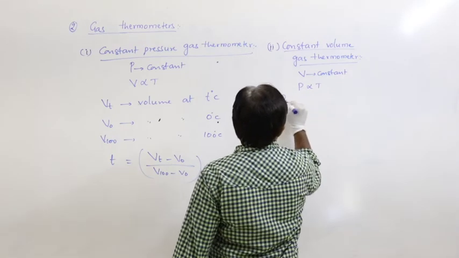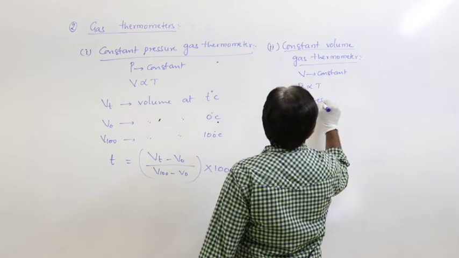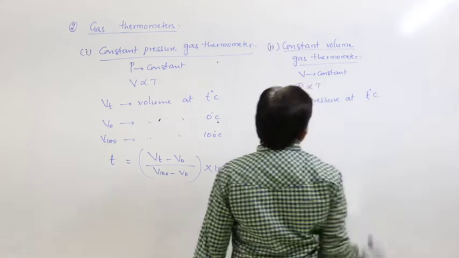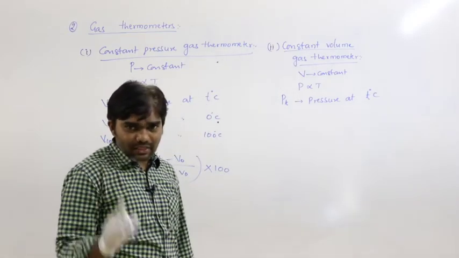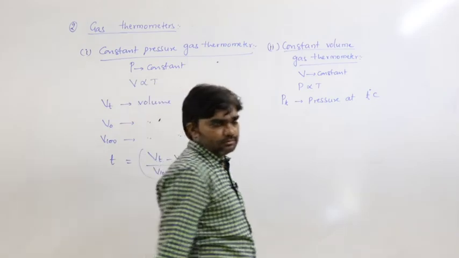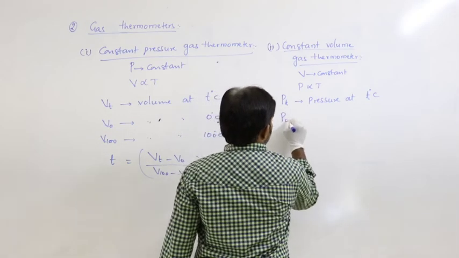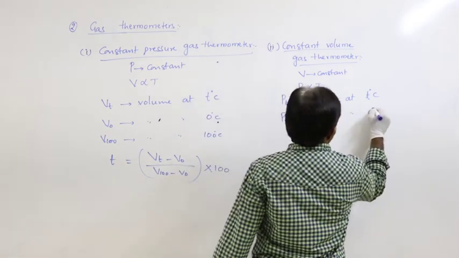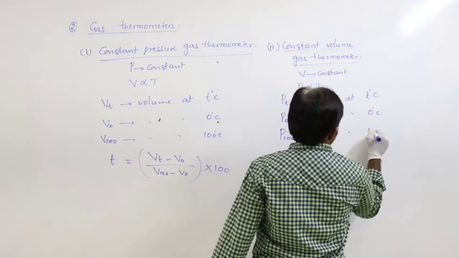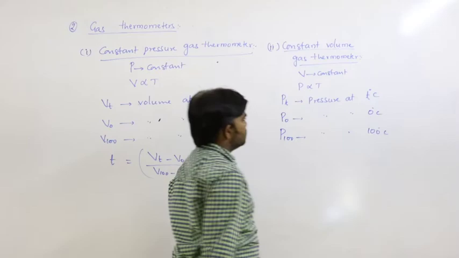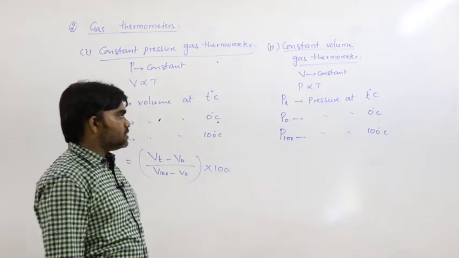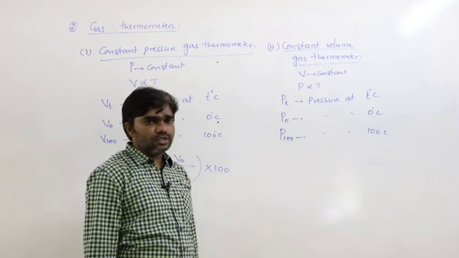Here Pt is the pressure at T degrees Celsius, the temperature we have to find out, P0 is the pressure at 0 degrees Celsius and P100 is the pressure at 100 degrees Celsius.